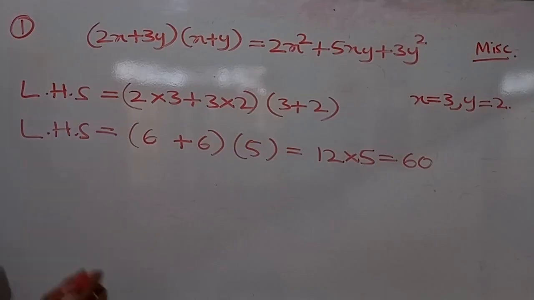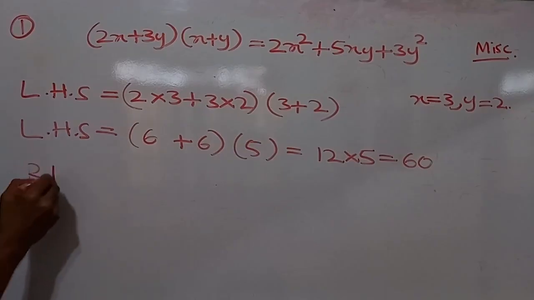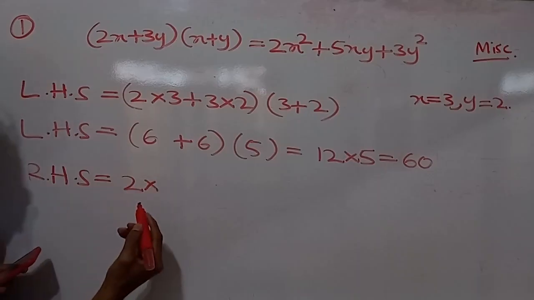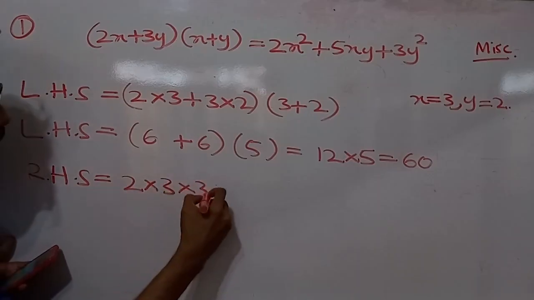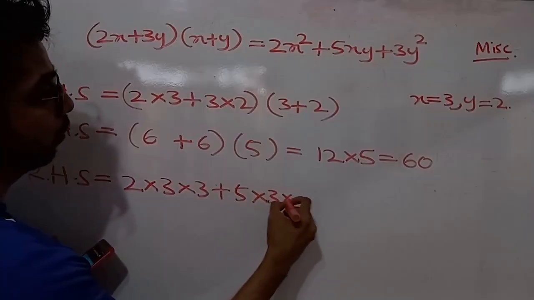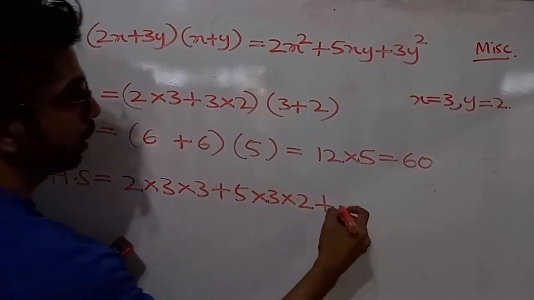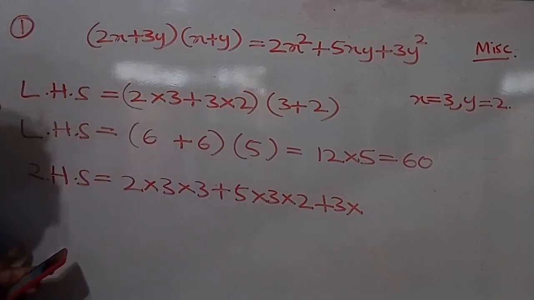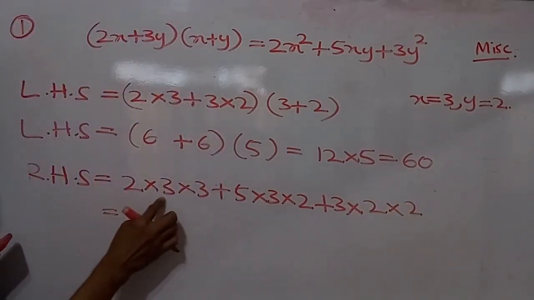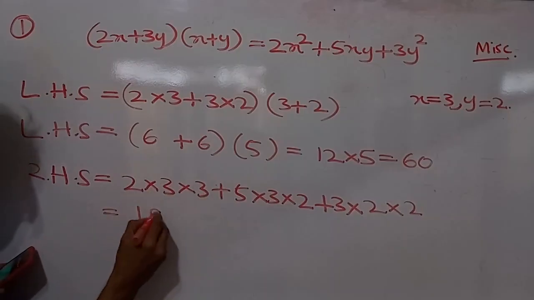Now we will take the right hand side. That is 2 into x squared, so that is 3 times 3. Plus 5, x is 3, y is 2. Plus 3 into y squared, that is 2 times 2. So 3 times 3 is 9, 9 times 2 is 18.